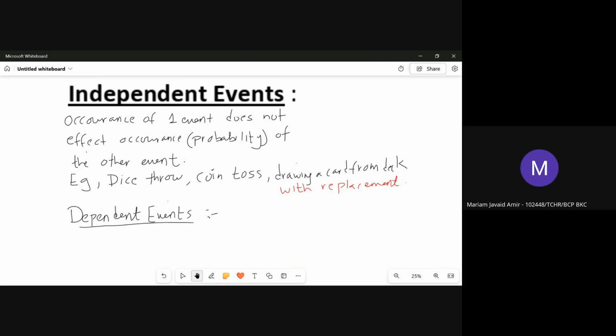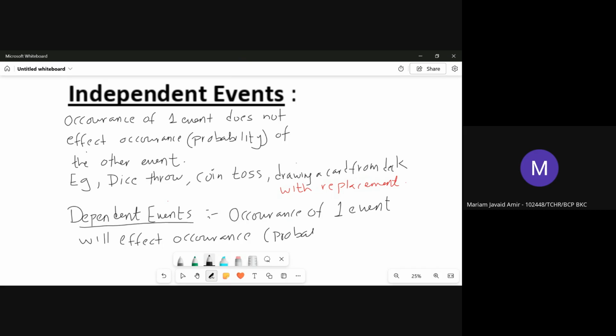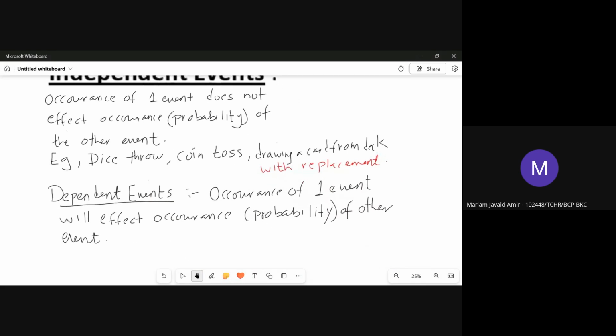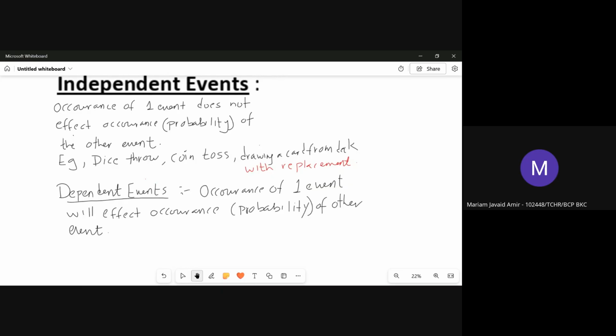The occurrence of one event will affect the occurrence or the probability of another event. इसकी example हो गई कि draw a card from a deck without replacement.